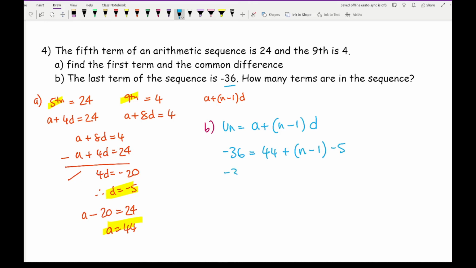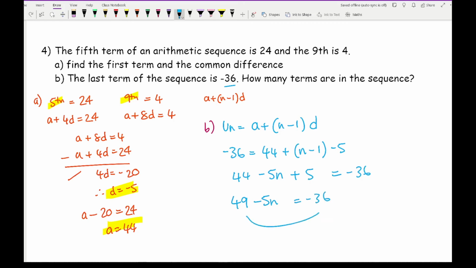If I then simplify this, I don't really like the minus 36 on this side, so we'll write it at the end. So here I've got 44 minus 5n, and then plus 5. Neatening this up, we've got 49 minus 5n, and all of this is equal to minus 36.